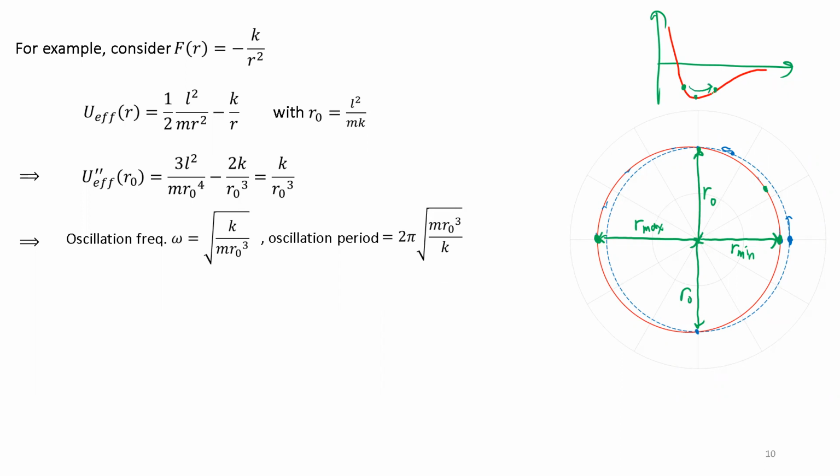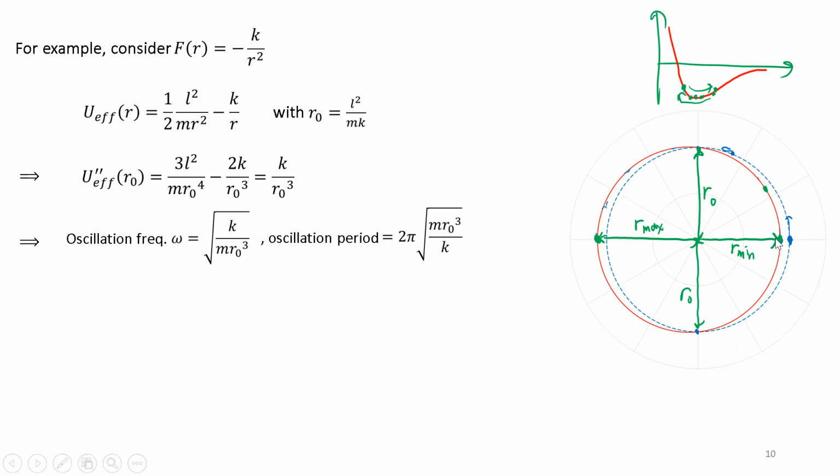And then after that, I come back to R min. So from R min, R max, back to R min, as I finish one full orbit, I also finish one oscillation.